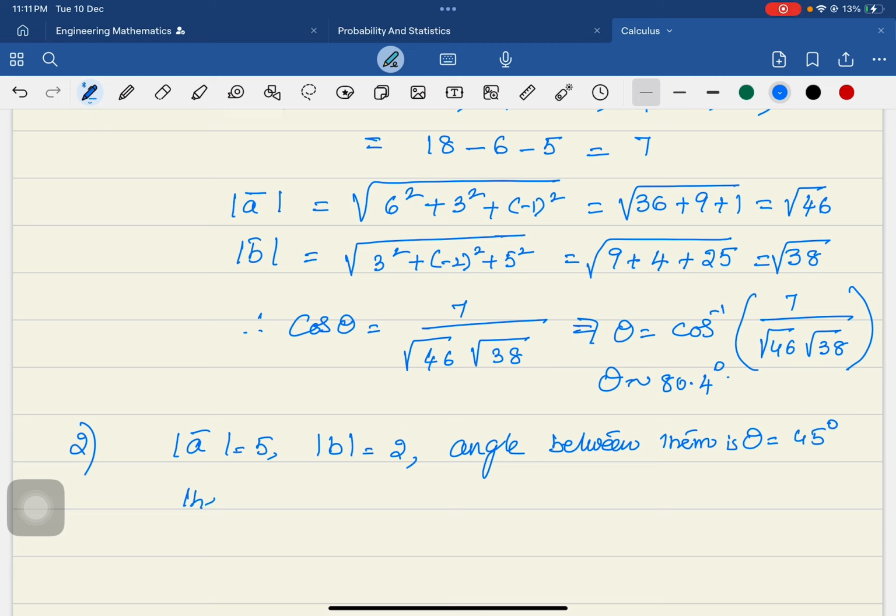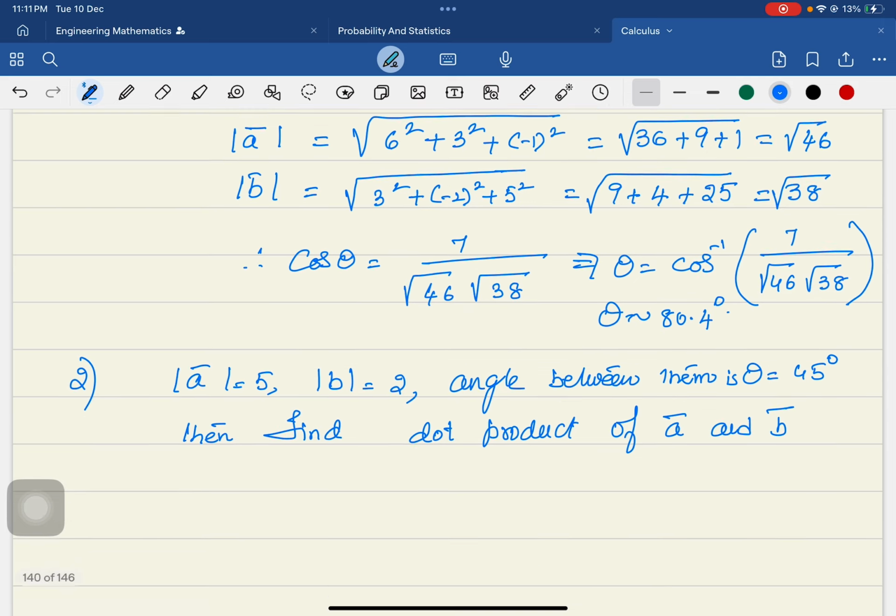Then find the dot product of A and B. Find the dot product, or scalar product as we say, of A and B.